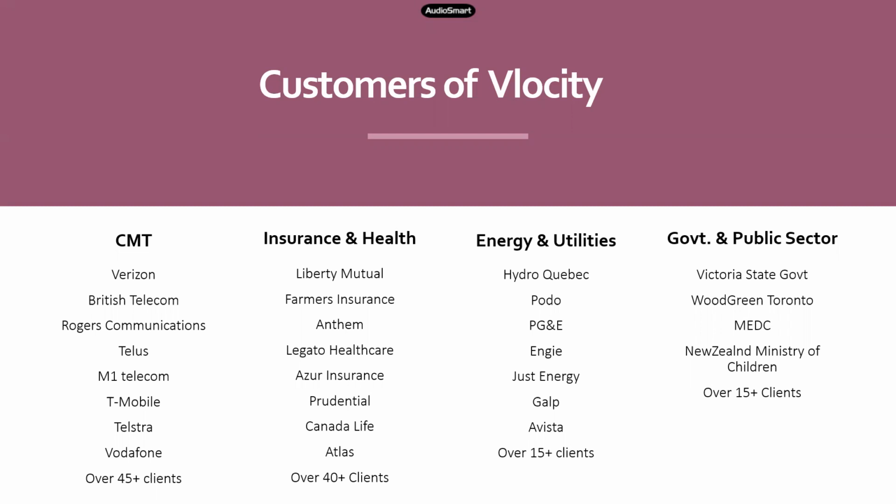So most of the clients of this communications, media, and entertainment industry, all they have to do is simply download this package and start using it. A few of the examples are Verizon, one of the top telecom operators in the US, British Telecom started using it. Rogers in Canada, TELUS in Canada, M1 in Singapore, Vodafone very recently has started this.